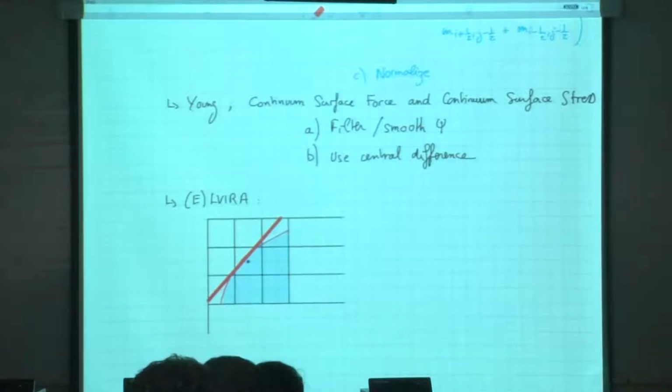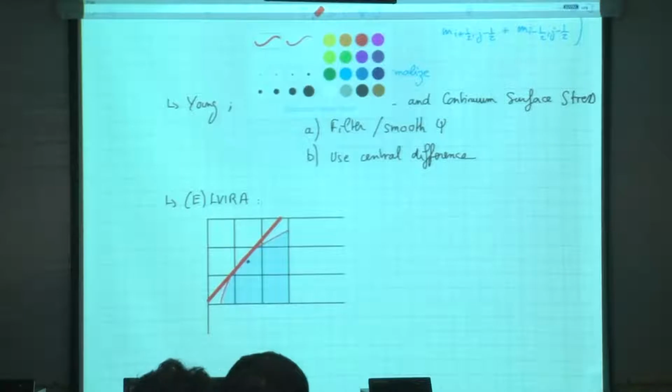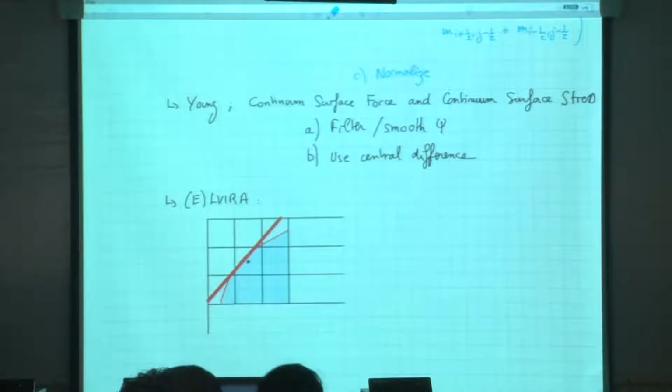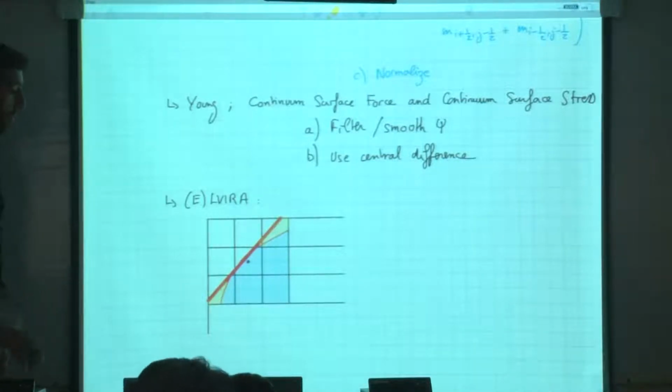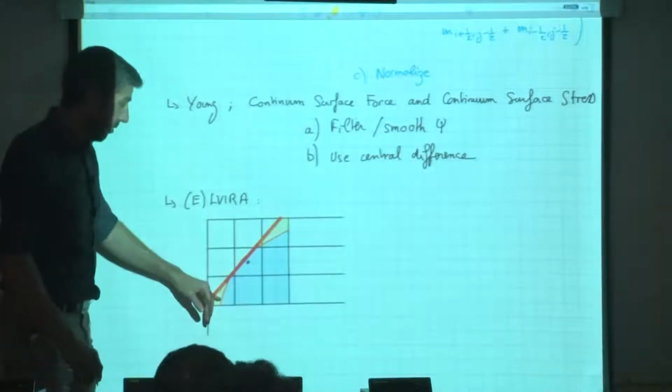It's going to find an overall orientation for my interface on that scale of 3 by 3 cells, such that the error between my real interface and a single plane over my 3 by 3 cells would be minimized.